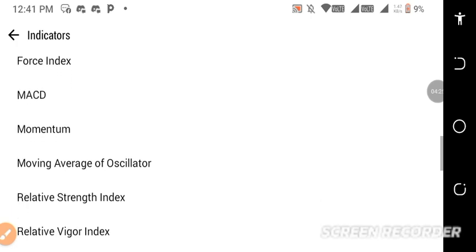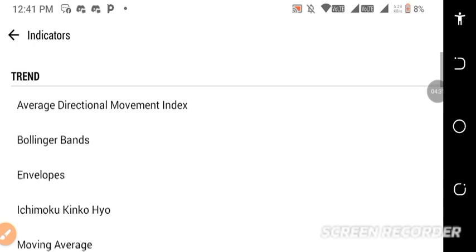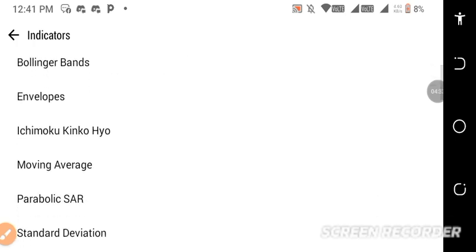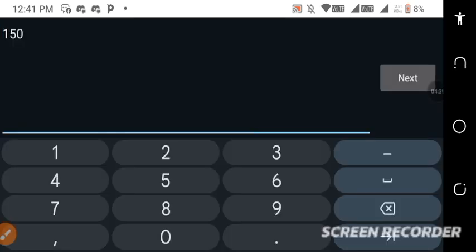Set it at 150, or let's set it at 50 so that we can capture quick moves. If you want to use 150 you can, but we are going to use 50. Press next. Shift, let it remain at 0, then save.